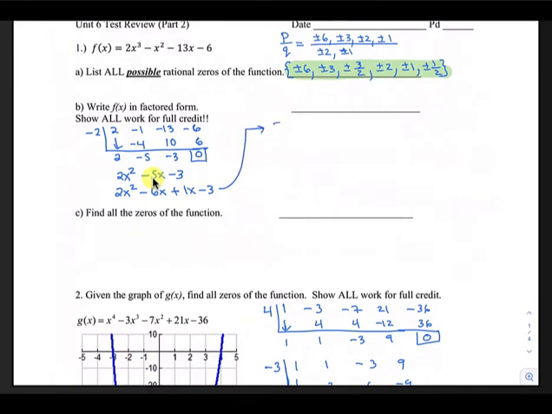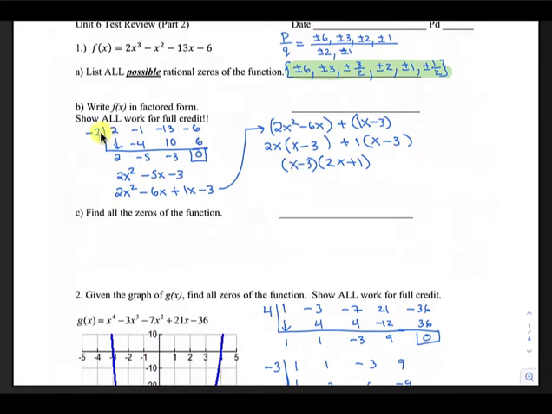We can then group the first two terms and the last two terms. The greatest common factor in the first group is 2x, leaving us with x minus 3. The greatest common factor in the second group is 1, and that leaves us with x minus 3. So the resulting factors would be x minus 3 times 2x plus 1.